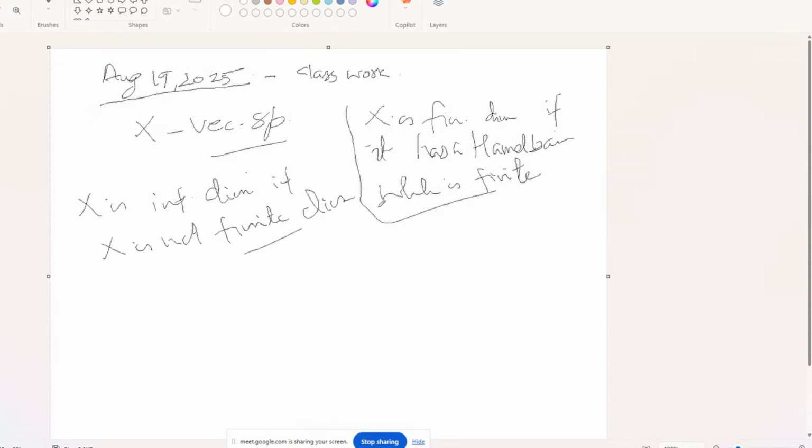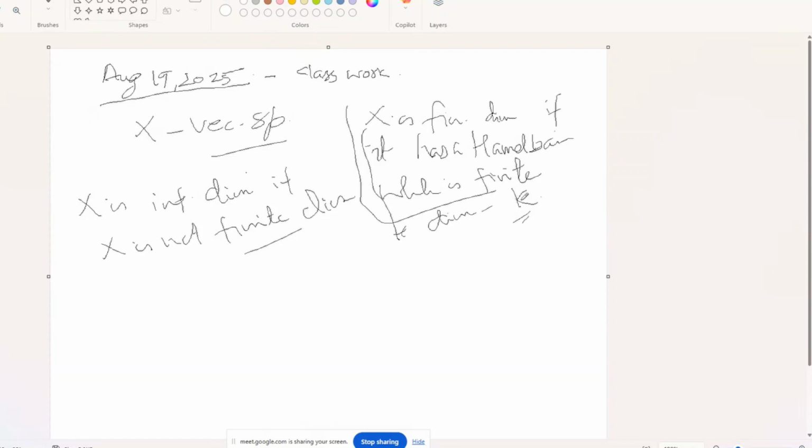Now, my question is, if it is a finite dimensional space, suppose the dimension is k, how many linearly independent vectors can X have at most? At most k, right?